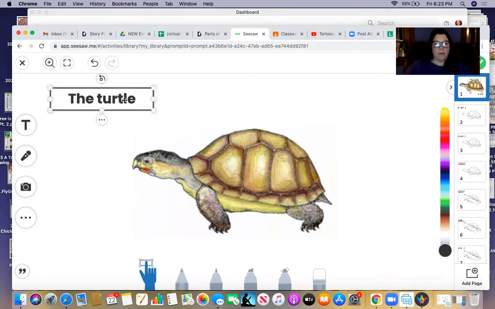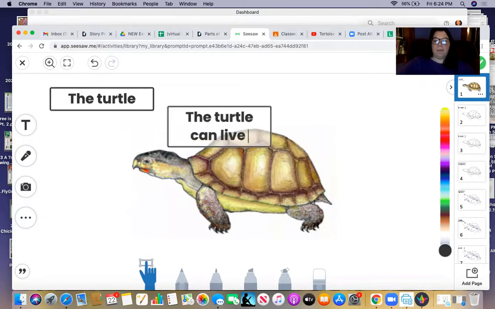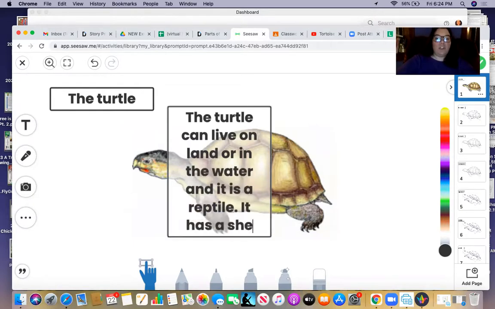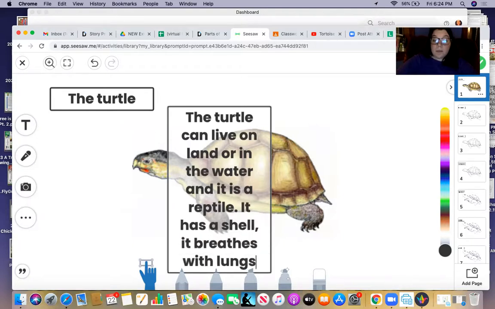And we said how the turtle can live on land or in the water, and it is a reptile. It has a shell. It breathes with lungs. It is cold-blooded.